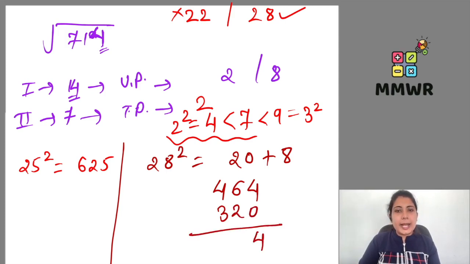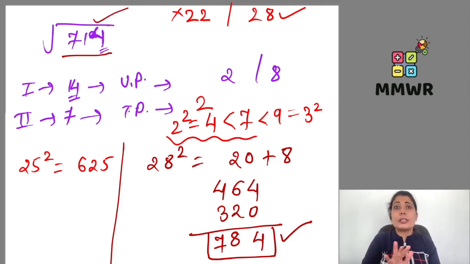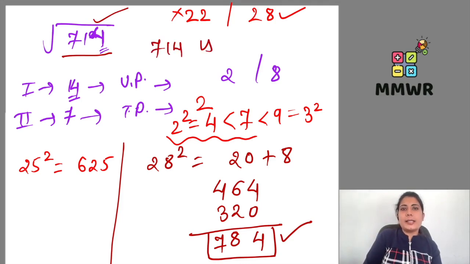After adding it, this gives me 784. What am I getting here? 784. Is it matching the given number? No. That means 714 is not a perfect square.